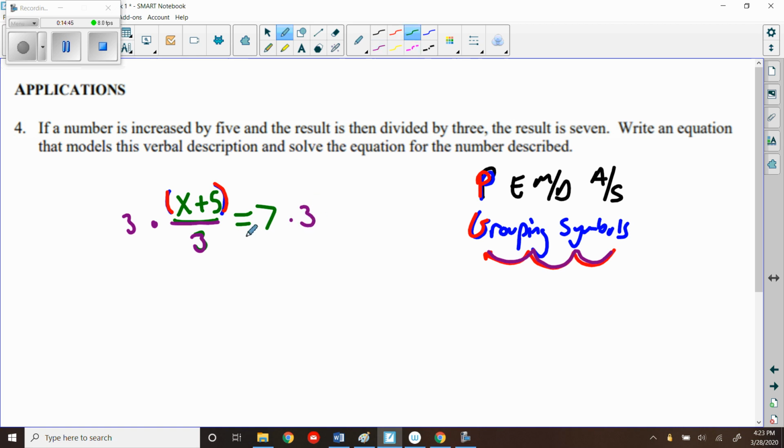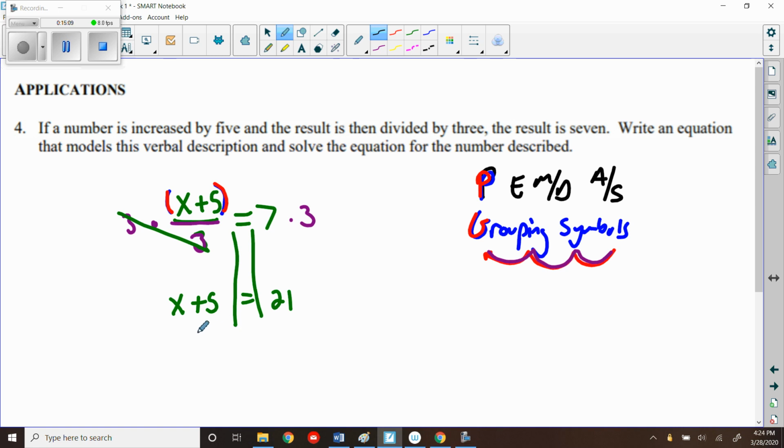Oh, almost forgot to build my walls. Okay, 3 times the group divided by 3 is simplified as 3 divided by 3 is 1, which leaves me simply the group of x plus 5 equals 7 times 3 is 21. You'll notice I dropped the parentheses because I no longer need them. They're not separating x plus 5 from anything, so I'll leave them off.